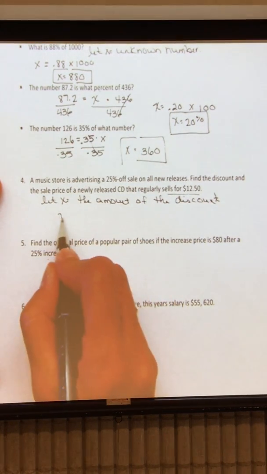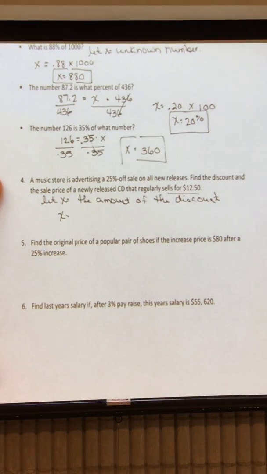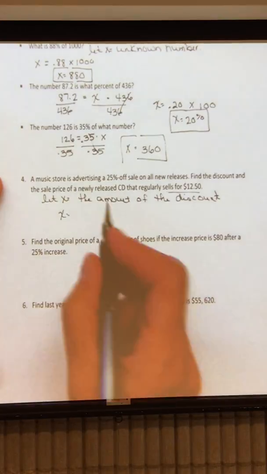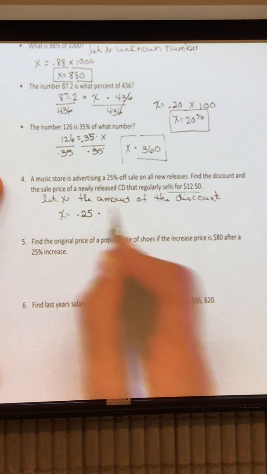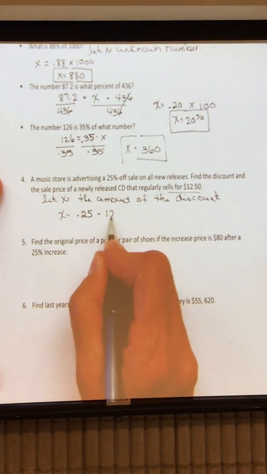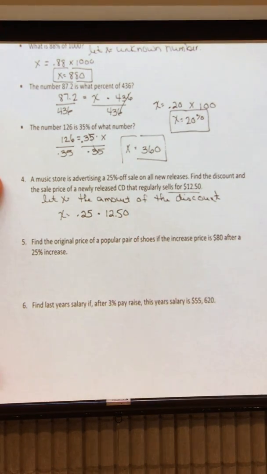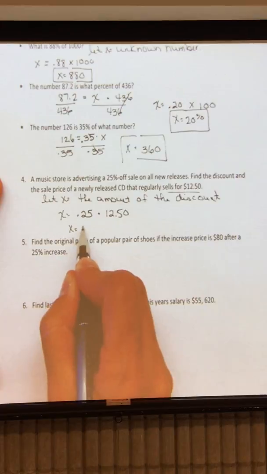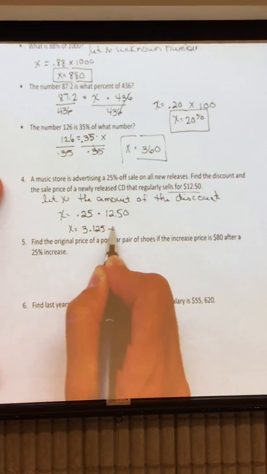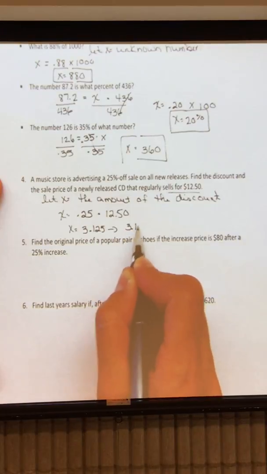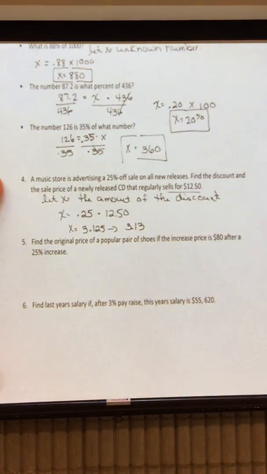So we have x is equal to 25%, which is 0.25, times $12.50. So 0.25 times 12.50 is equal to 3.125, which is equal to 3.13. So that is the discount.